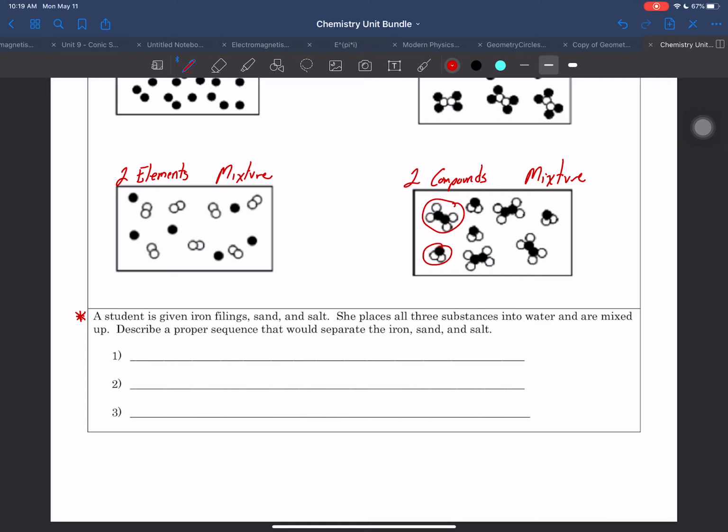It says a student is given iron filings, sand, and salt, and she places all 3 substances into water and they are mixed up. So it's 4 things: iron, sand, salt, mixed with water. And then we're going to describe a proper sequence that would separate the iron, sand, and salt.